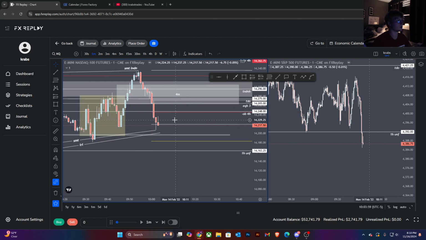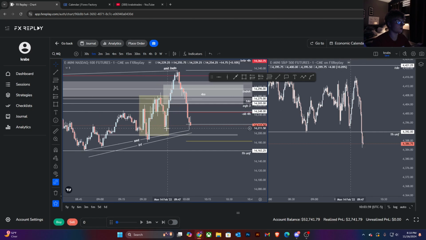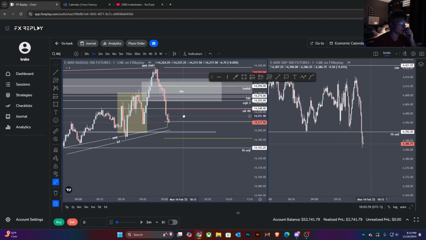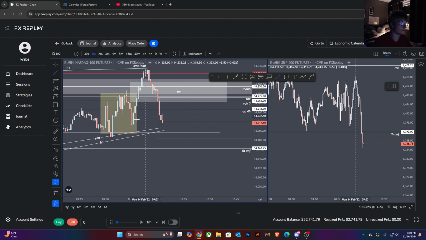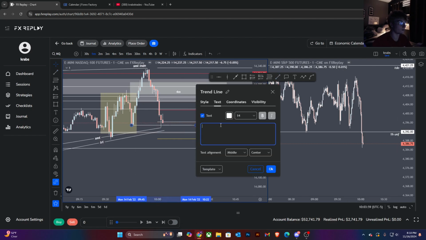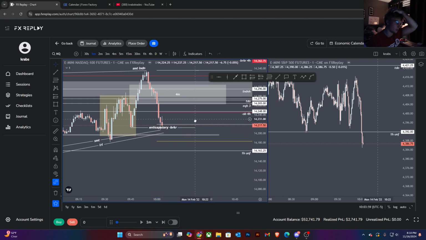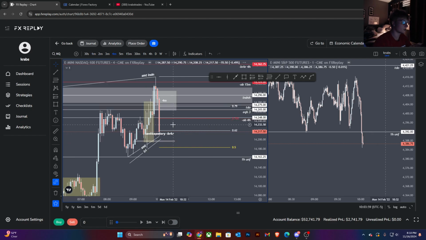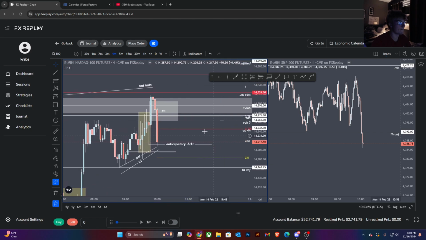Could try this on the limit. High, low, higher, high. Also ABS model here. Anticipating... damn, I can't even say that word. Anticipating a bearish breaker there.